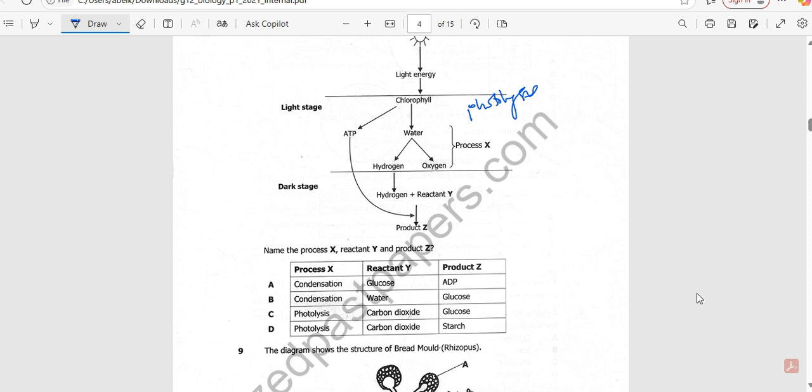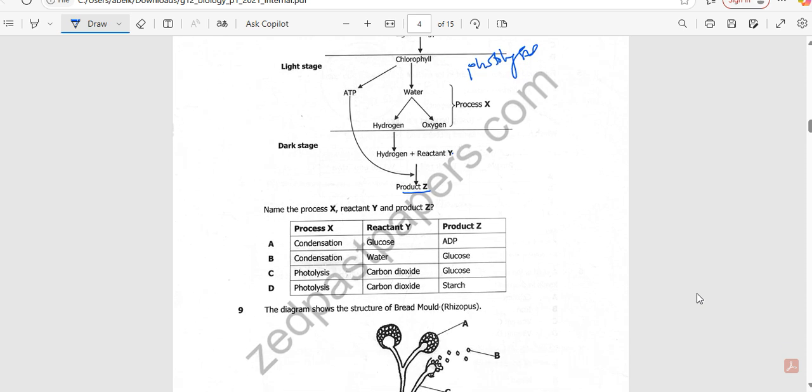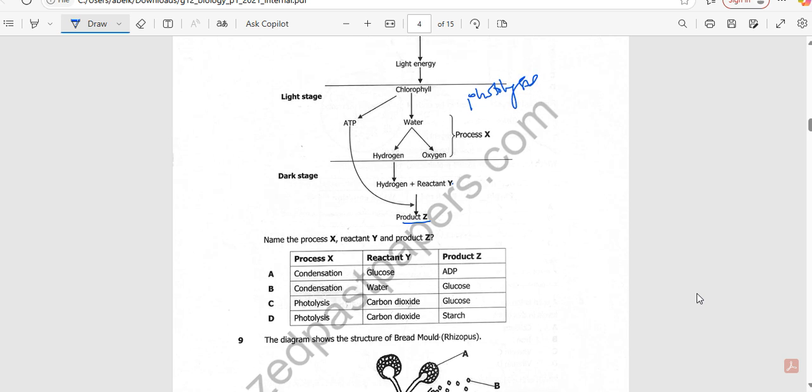Then hydrogen plus reactant Y produces product Z. When product Z is produced, you find that ATP is used as one of the requirements here. So let's look at what can help us understand the answer.